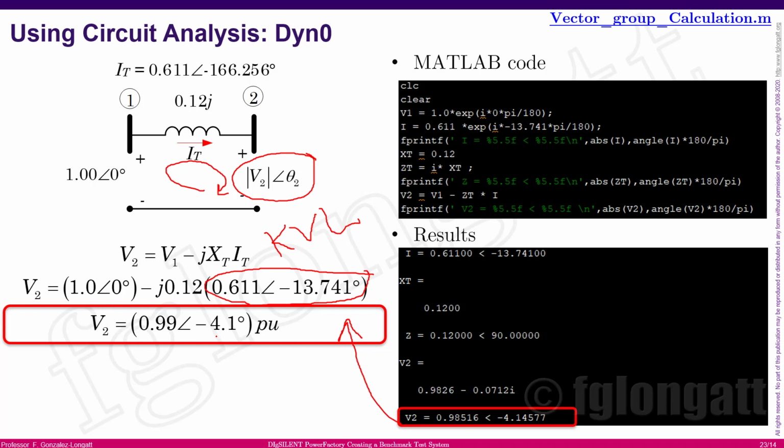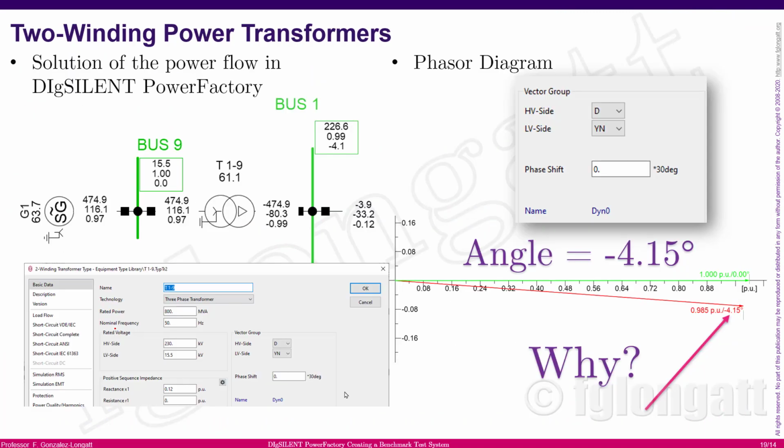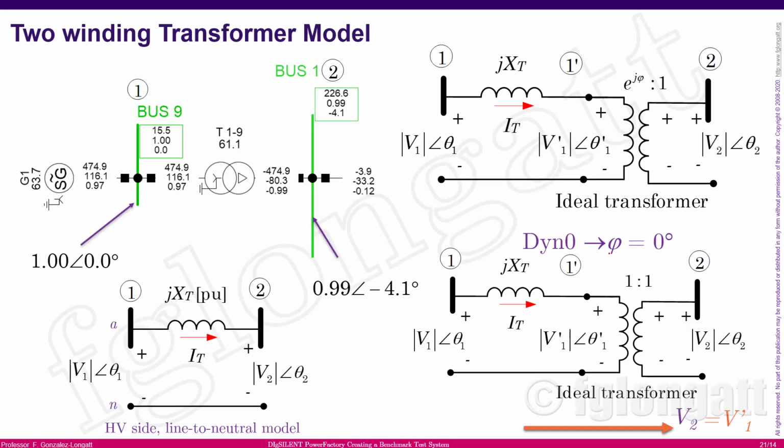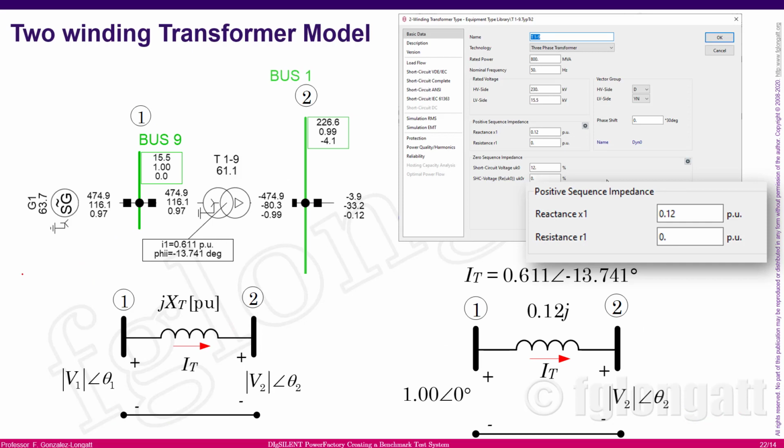Okay. Now we have demonstrated this 4.15 degrees, and that negative 4.15 degree is coming basically from the voltage drop across the series reactance in this transformer. Okay?